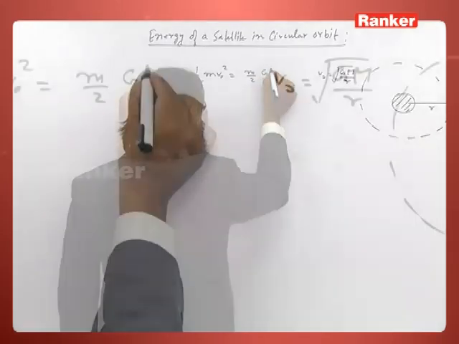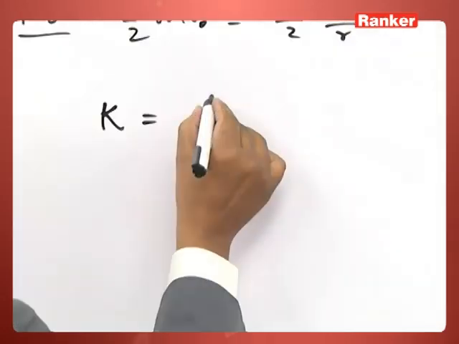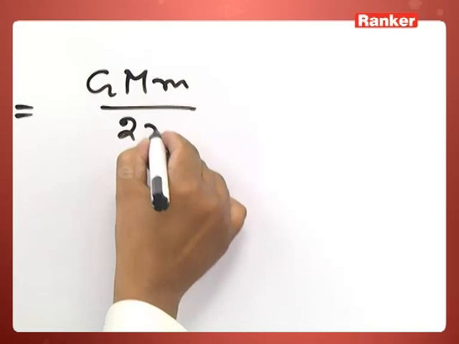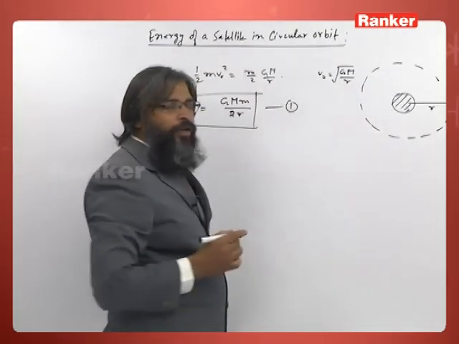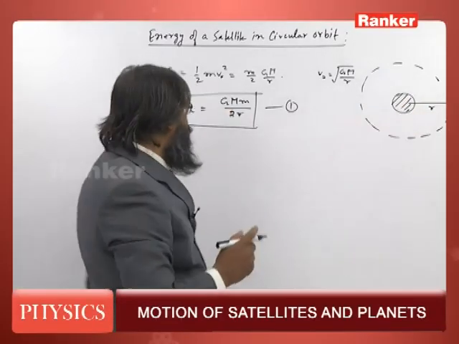So, we write K as G M m by 2r, equation number 1. This is the kinetic energy possessed by the satellite when it is in the circular orbit.